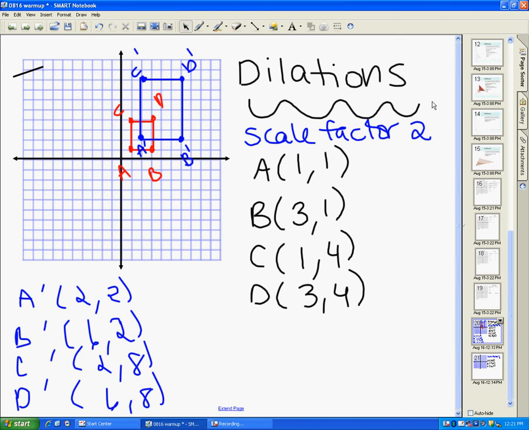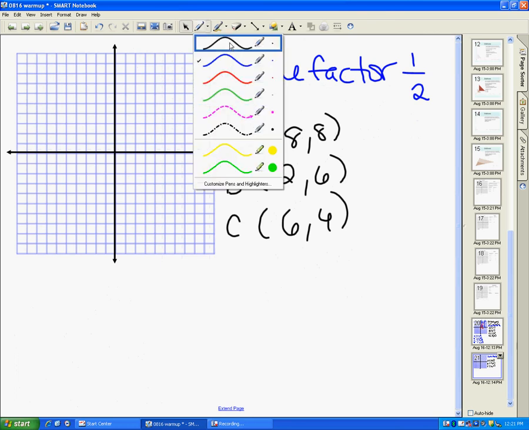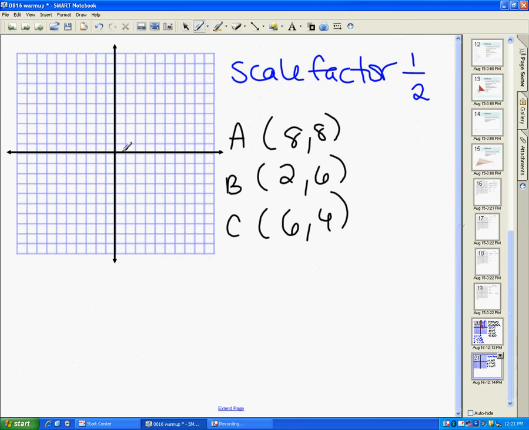A scale factor less than 1 decreases the size. So here's an example using a scale factor of 1/2. This is triangle ABC, so I'm going to go ahead and plot these points. First one, A, is at 8, 8, so 1, 2, 3, 4.